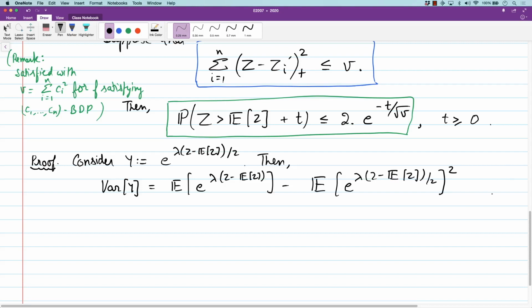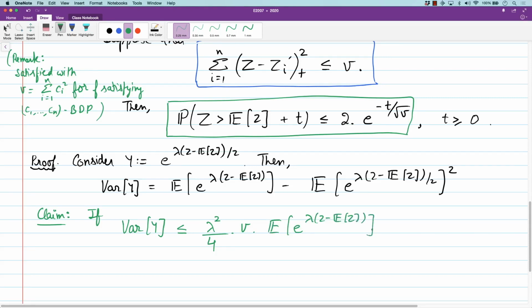Okay, and the property is the property we want to prove. This is sort of a claim, I'm putting it down here. If the variance of y is less than or equal to lambda square by some constant, we'll get 4 v, and then into, let's say, the expected value of e to the power lambda.